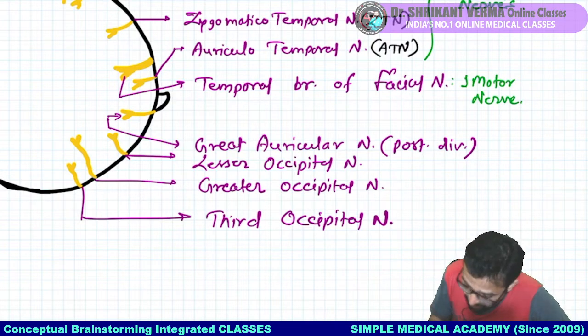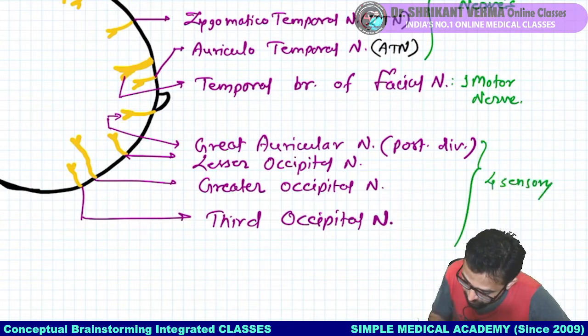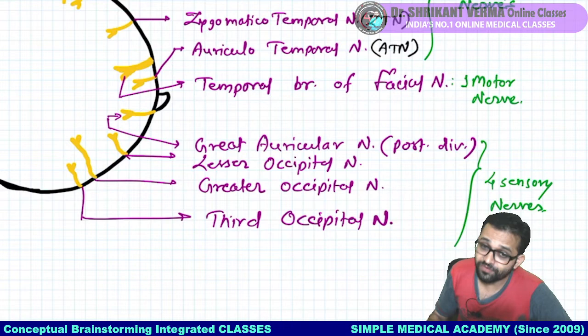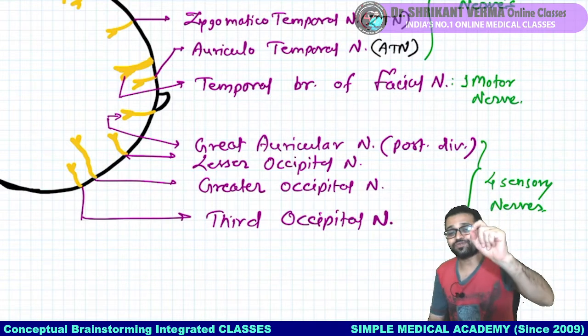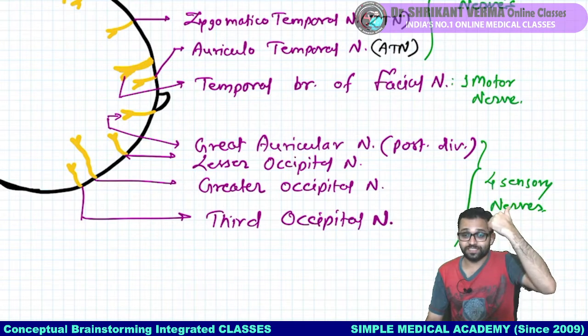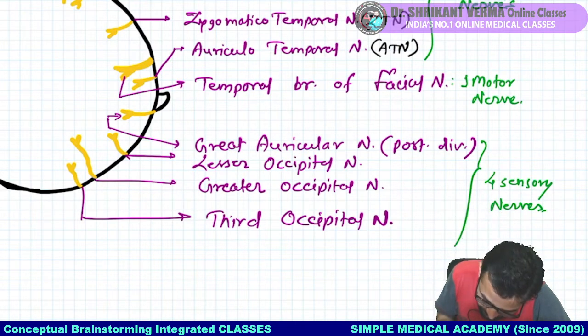These 4 are definitely our 4 sensory nerves and there is 1 motor nerve, and that motor nerve is again the facial nerve, because our trick is facial nerve is the motor nerve of the face. Getting the point?